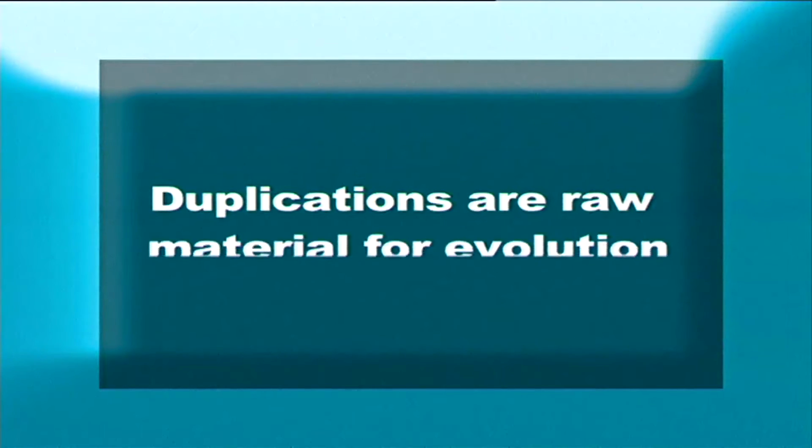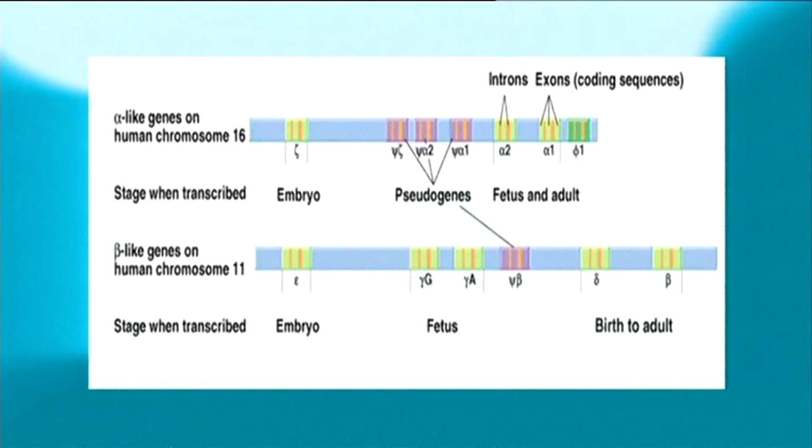This process does not compromise the original function, since an intact copy of the original gene remains in the genome. Duplications are therefore raw material for evolution, and many examples of duplication and specialization are known. One example is the evolution of several forms of the globin chain of hemoglobin.